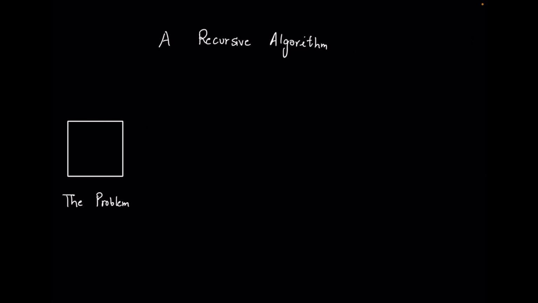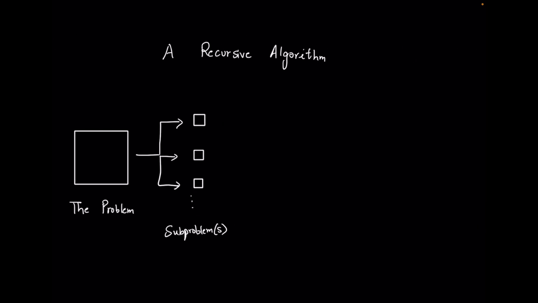So a recursive algorithm starts off obviously with the problem, right? The problem that we want to try to solve. What a recursive algorithm does in the first step is break this problem down into smaller sub-problems. These sub-problems could be one or they could be more than one, as shown in this figure.